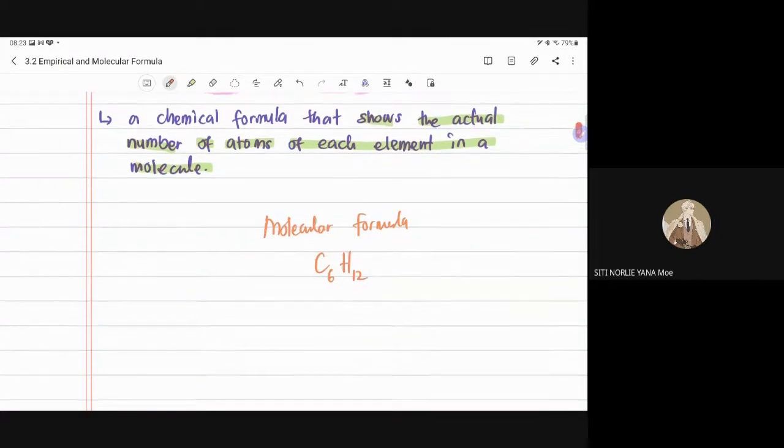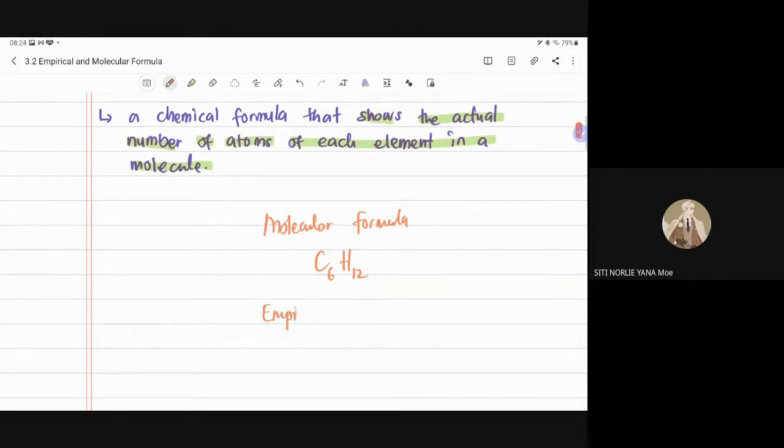However, the empirical formula of this, kita tengok nisbah dia. 6 kepada 12 bersamaan dengan 1 kepada 2. So dia adalah CH2, nisbah dia 1 kepada 2. So we simplify. How do we simplify? Kita divide nombor yang terendah tu. 6 divide by 6, 1. 12 divide by 6 dapat 2.